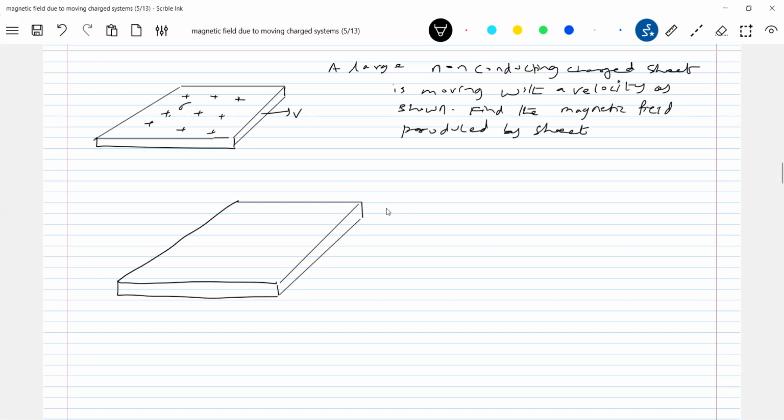So let me take a strip. I'm assuming a strip. This particular thing is moving with a velocity, and here the charge is present.